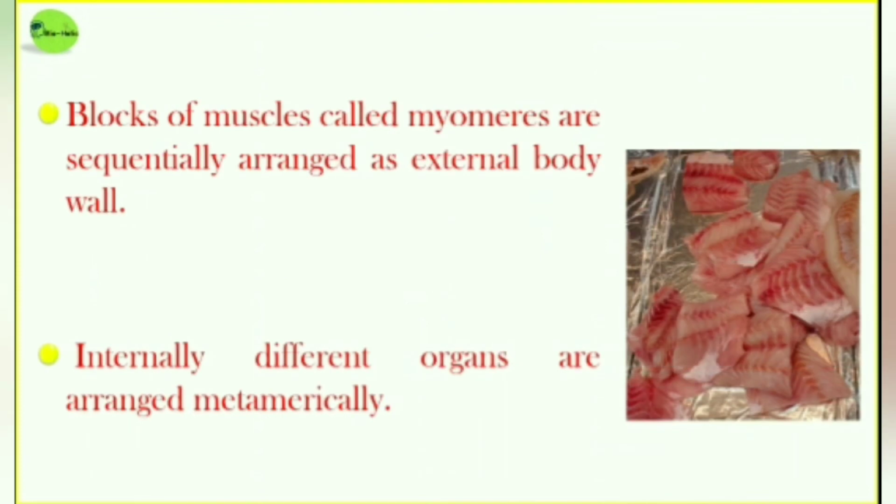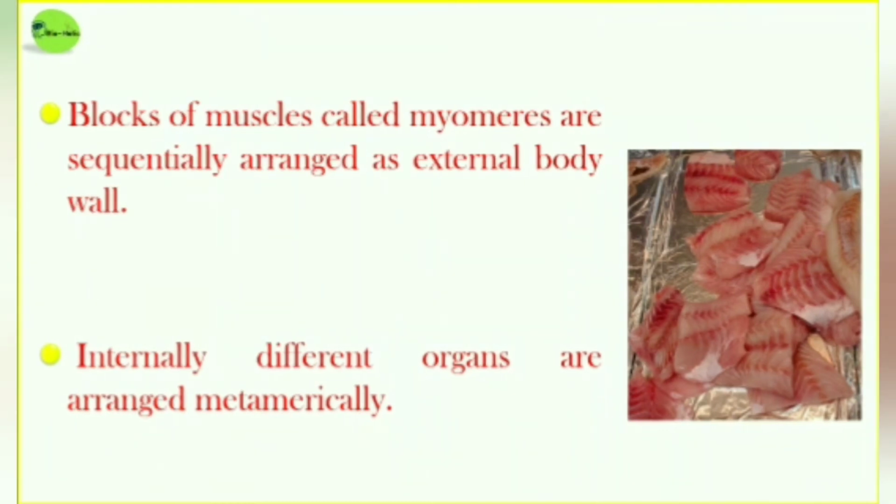Next, the blocks of muscles called myomeres are sequentially arranged in the external body wall, and internally different organs are also arranged metamerically.